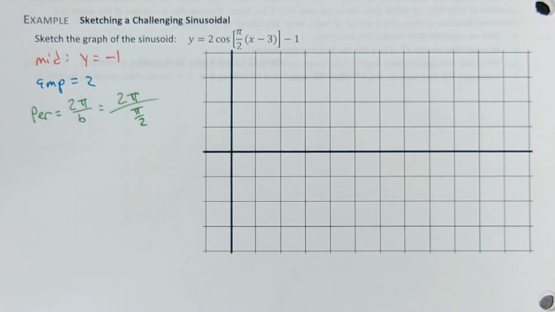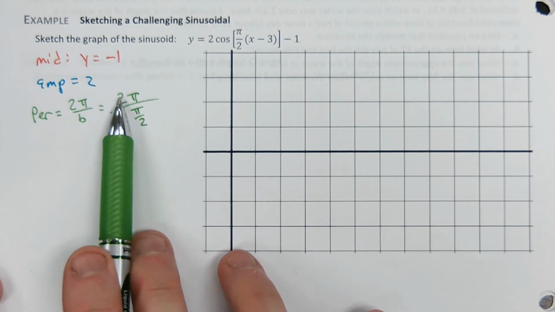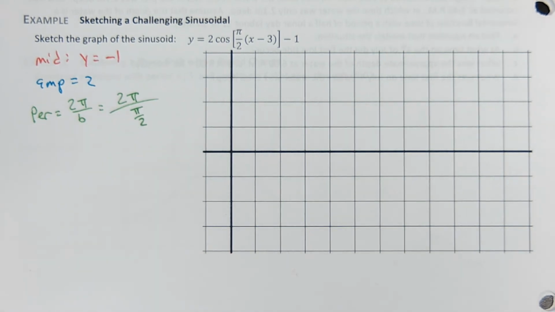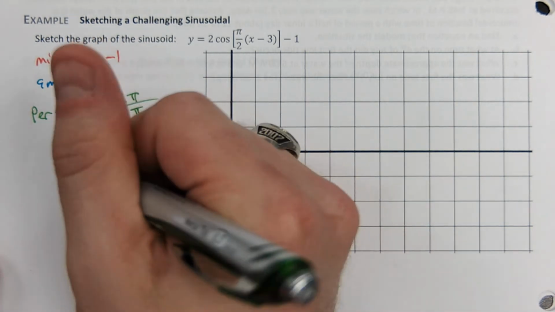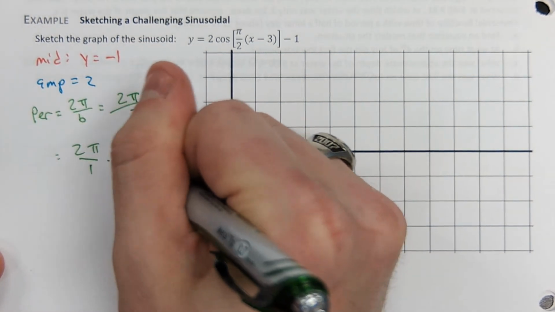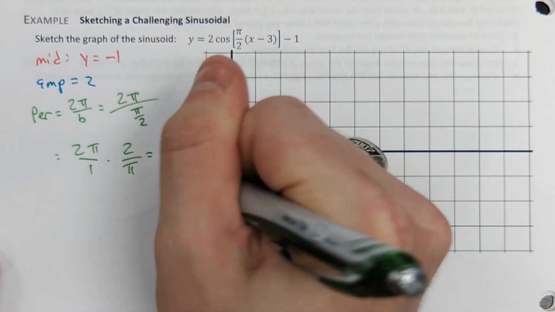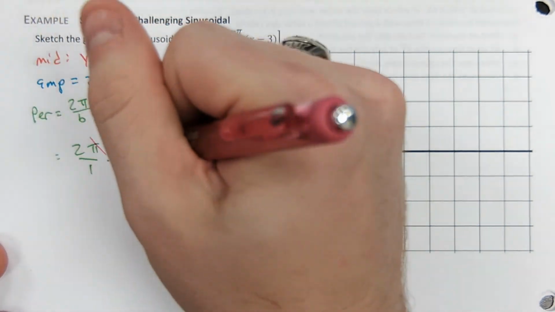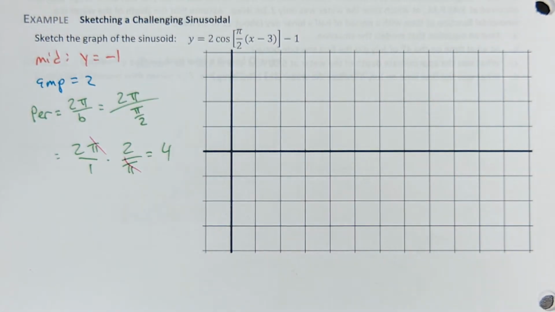Basically, it wants to know how many halves go into 2. 4. The pi's cancel. What we get is 2 pi over 1 times 2 over pi. The pi's cancel out. So the period length is just 4. So the important points are going to happen 1 unit away from one another.